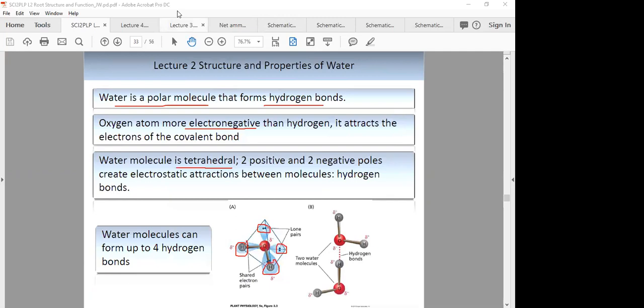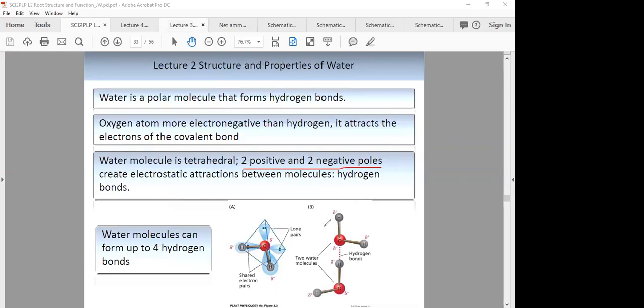Now let's look at another couple of concepts here. Very good. We say that a water molecule has 2 positive and 2 negative poles. Who can point out those positive and negative poles? Lachlan, I think you were referring to it a little earlier.